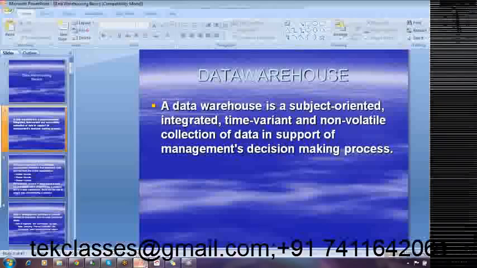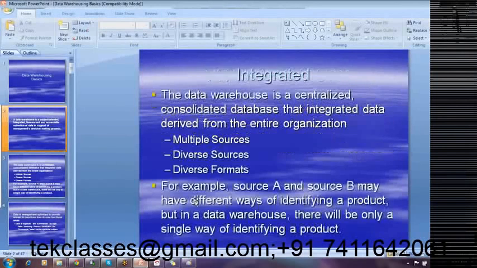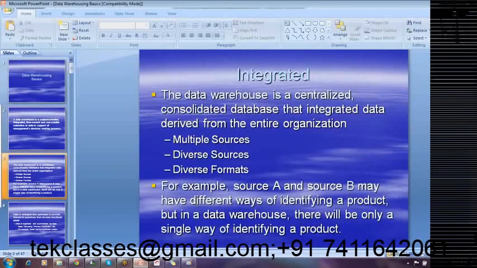That's why the data warehouse is called an integrated system.